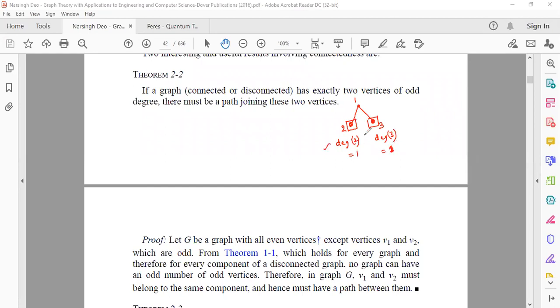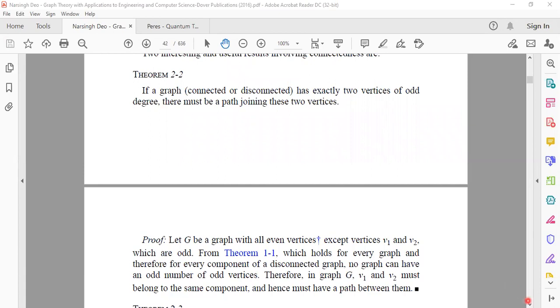So both the vertices are having odd degree. So how many vertices are having odd degree here? Two vertices are having odd degree here. And therefore, you can get a kind of path which joins the two vertices. Okay, so this is also true for the disconnected graphs. So this theorem is sometimes very useful for us to solve the problems.